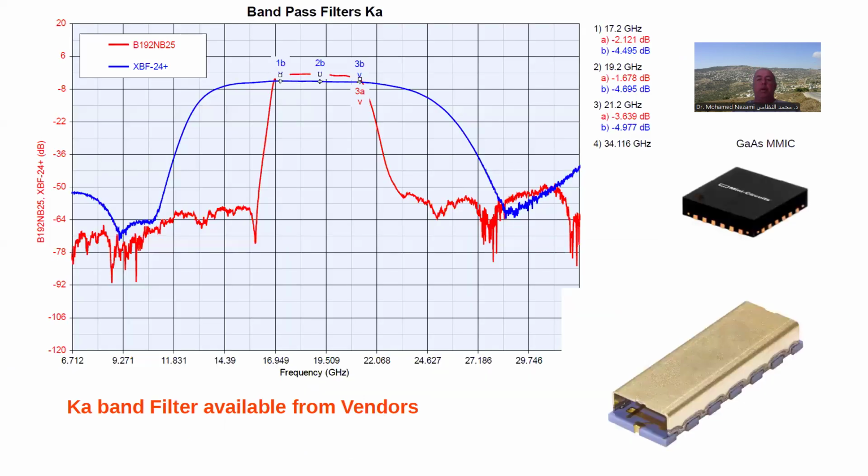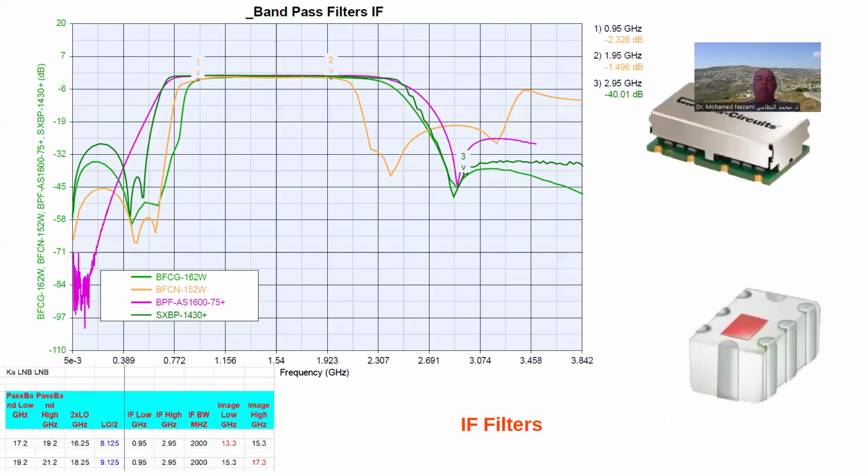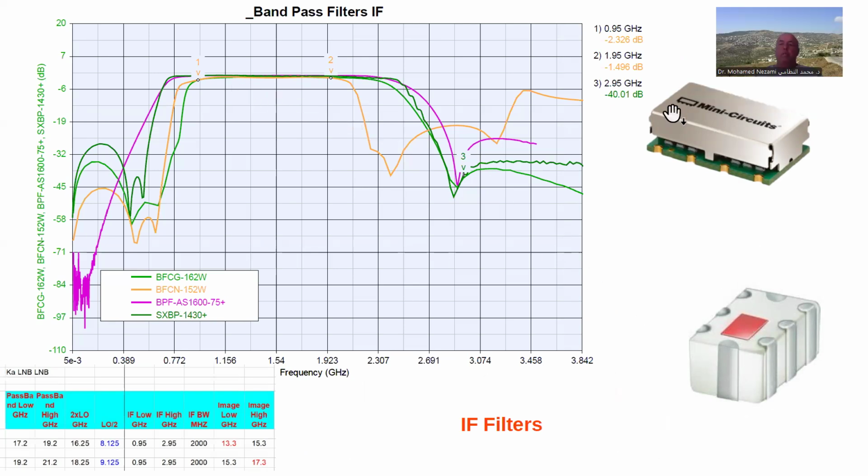But for this band here, it became an issue because when I grabbed a bunch of these from one manufacturer, although these are available from Johanson, from Murata, and from Mini-Circuits as well, all these ceramic and integrated LC types, this is a lumped component bandpass filter, and this is a ceramic filter.